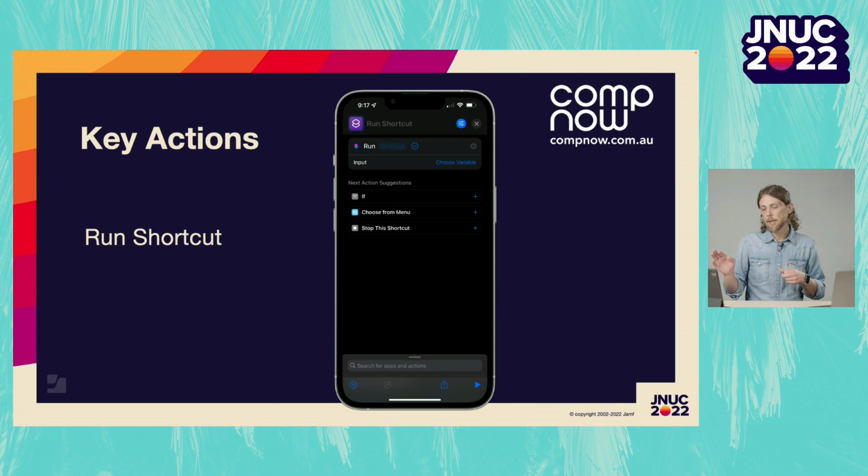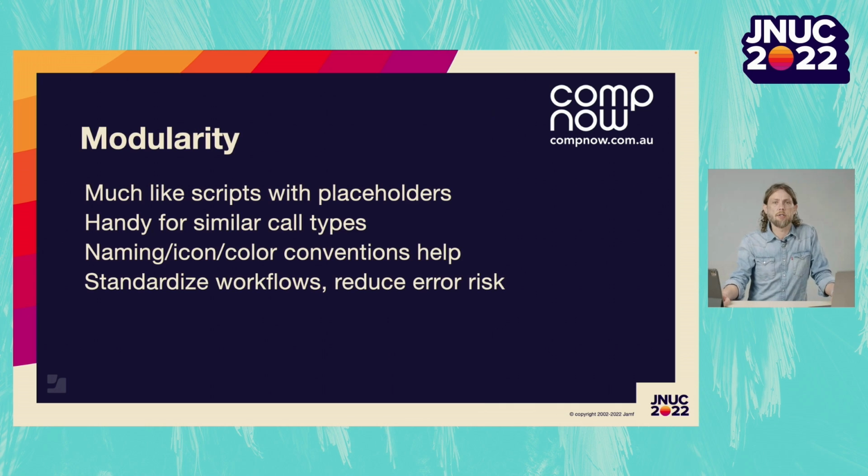After you've started experimenting a little bit, or you've had a look at these shortcuts and had some ideas, you will quickly be able to see what you can turn into a shortcut of its own, into which you pipe a variable from the main shortcut, does whatever it needs to do, and then it brings the result back in to continue into the main shortcut and go on. I'll show you a little bit more when we get into the detail about how some of these shortcuts are made, but that is a very handy action indeed.